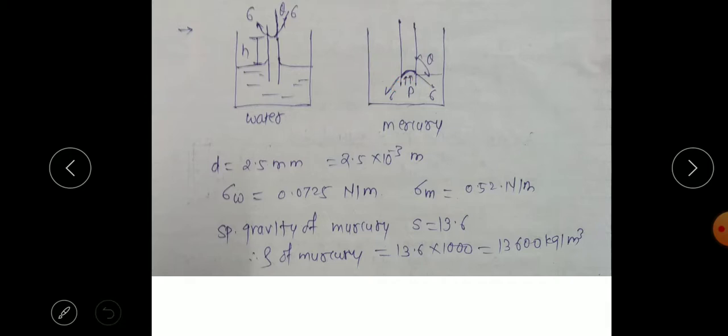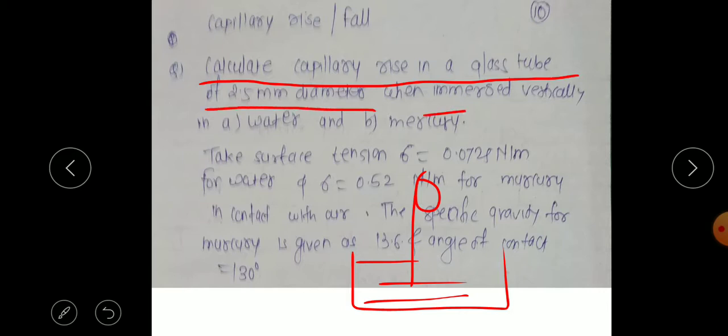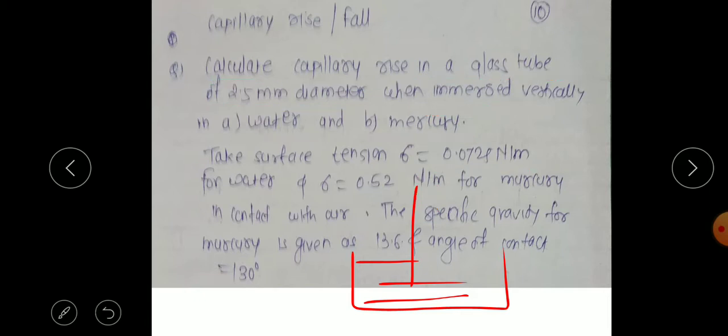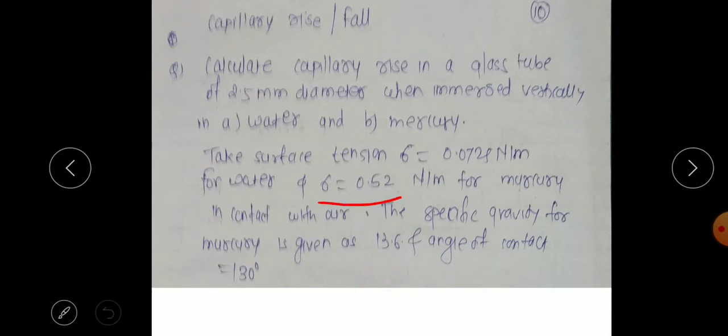So we have to find out this height. Calculate the capillary rise in a glass tube of 2.5 mm diameter when immersed vertically. First case is water, second is mercury. The surface tension is given as 0.0725 Newton per meter for water, and 0.52 Newton per meter for mercury in contact with air.